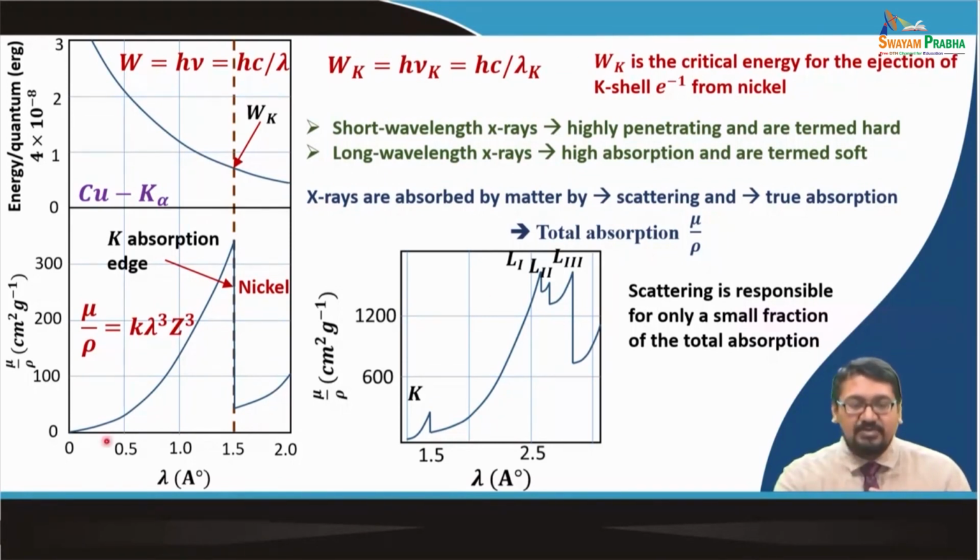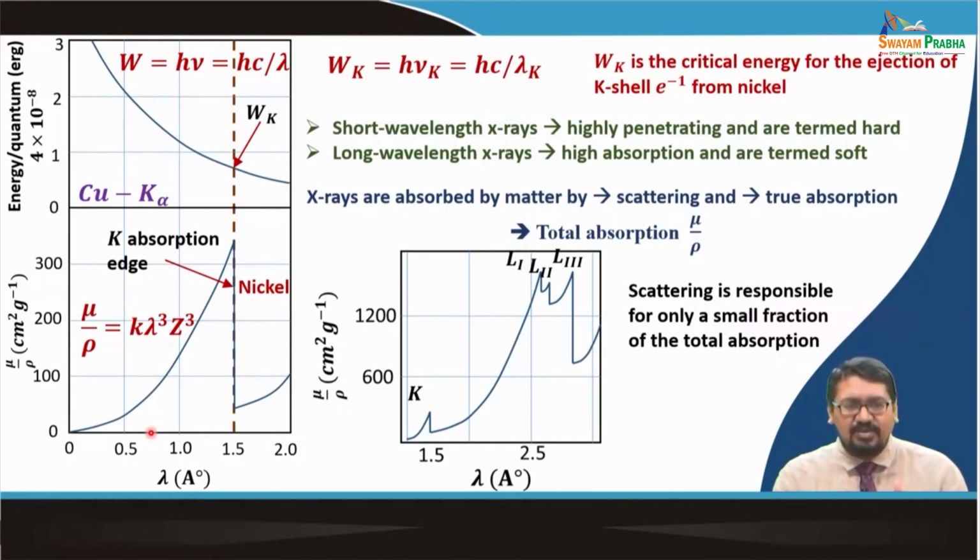Now, one very important thing: while the wavelength is reduced for this curve, there is a high absorption coefficient here, and when the lambda is reduced, the energy W is increasing more and more than the Wk, and thereby it can always cause the K excitation.